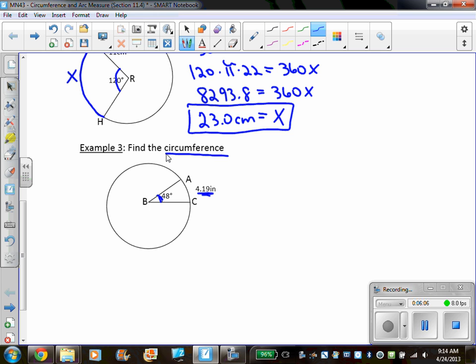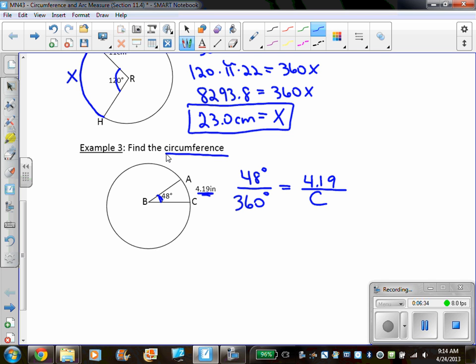So the only information we're missing really is the circumference. So let's set her up. We have 48 degrees for the arc, divided by the circle's degrees all the way around, which is 360. It's the same over and over: the degree of the arc over the degree of the circle equals the arc length over the circumference. And that's the part we don't have this time.